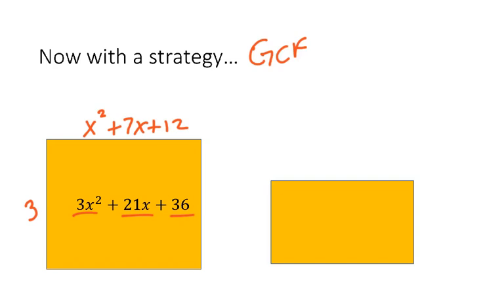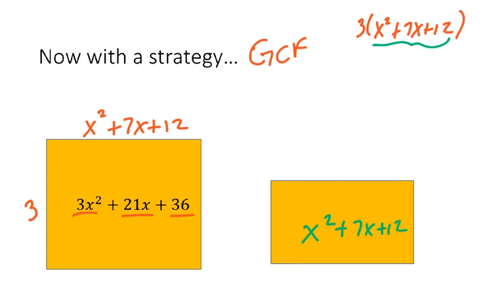And then what I want to do, so right now in my factoring process, I have this. I want to take this portion and factor it again. So I'm going to pretend like that's my area, and I'm just going to see if I can factor it again. And so now I'm going to end up with x plus 3 and x plus 4 as the factored form of this.